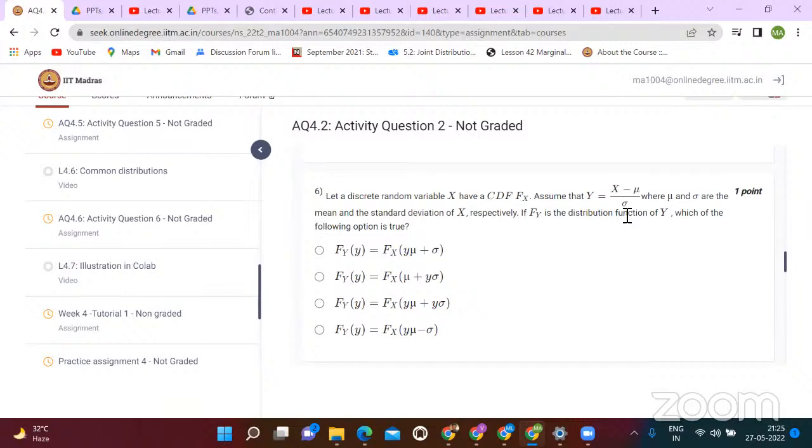Sigma Y plus mu. So you have to just write that F of y is the probability Y less than or equal to small y. Then we convert it to basically X. You replace that, then it will be F of (mu plus y sigma). So X equals sigma Y plus mu, replace X with Y.